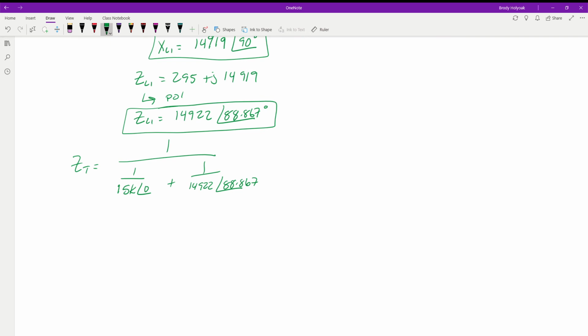Okay, so then we have our admittance to get rid of the top reciprocal value. So we're left with 1 over 15K at 0 plus 1 over almost 15K at 88.867.